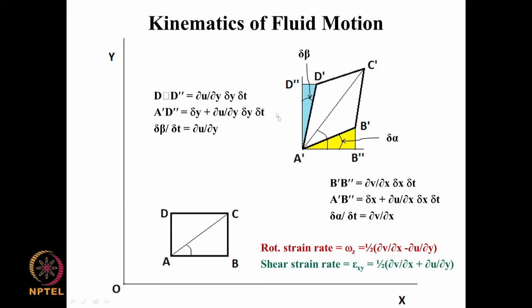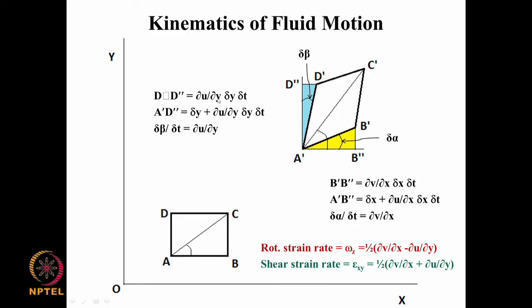And if you come to this triangle here, again we need to have this estimate delta beta. This delta beta is happening because D has a horizontal velocity which is greater than A. By how much? That depends on the rate of change of u in the y direction.